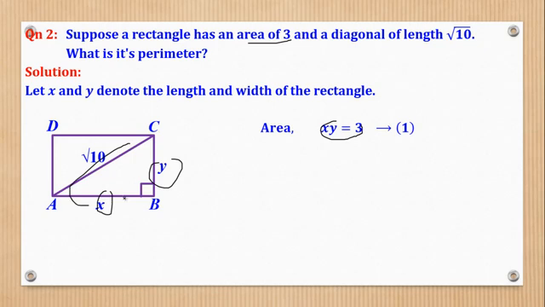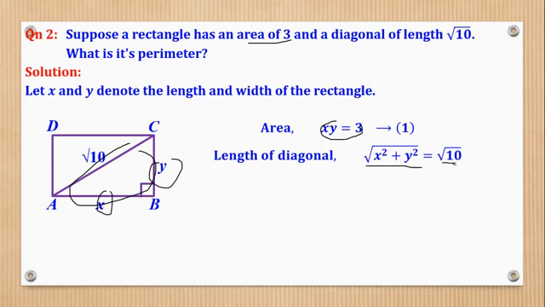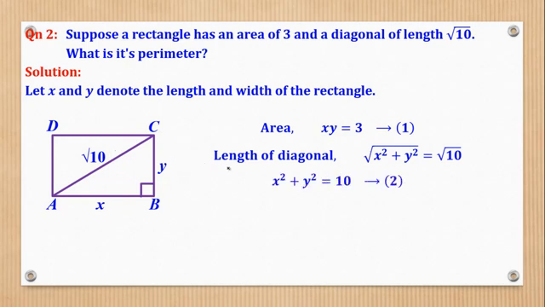Then also from this right angle triangle, using Pythagoras theorem, the length is square root of x squared plus y squared, which is equal to root 10, which is the hypotenuse. Square both sides, we'll come up with equation 2. So I have 2 equations and 2 unknowns. But they want perimeter. Perimeter, remember, is twice the sum of length and width.